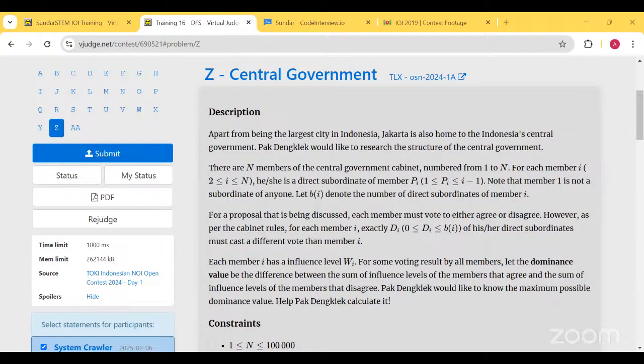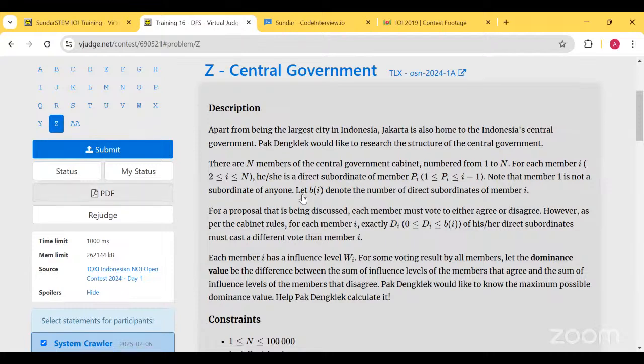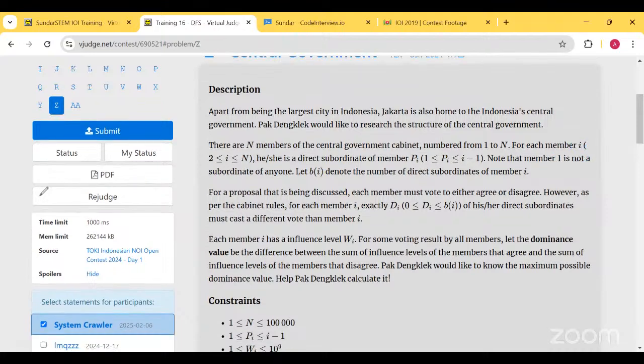Given a tree, so the parent of node i is pi, and 1 is the root of the graph. What else?